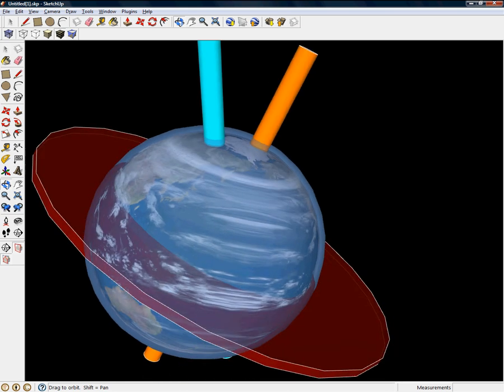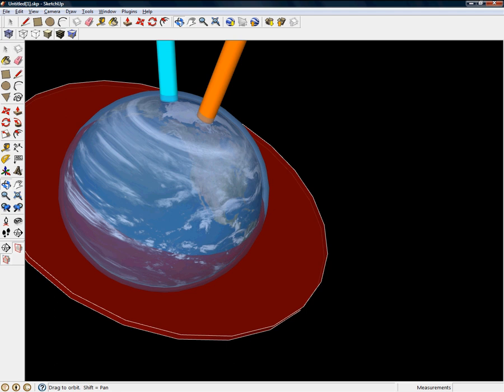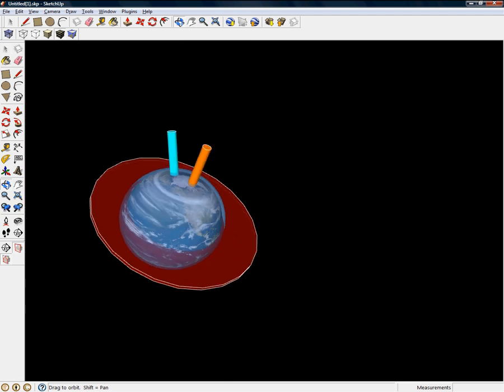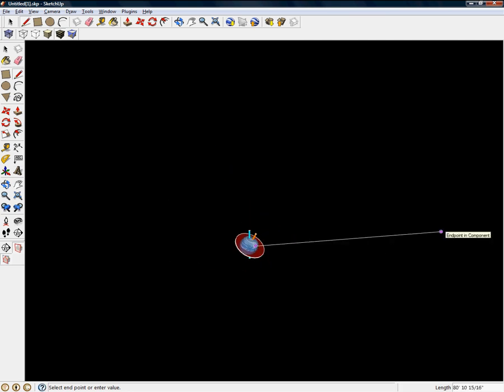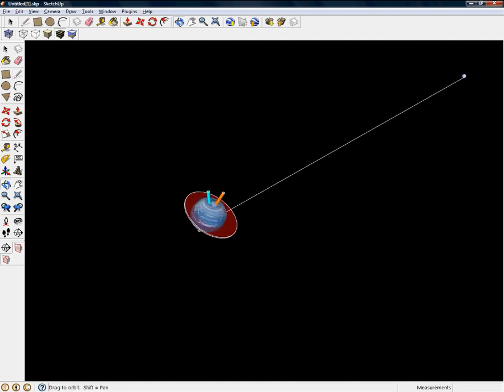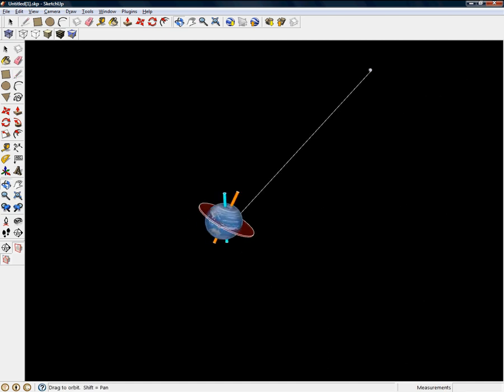And you notice that the orange bar didn't move. It stayed in place. The Earth just rotated along that axis. So if I were to draw this pencil, grab that line, and take it to the star, it has a certain angle, if you will. So you can see that there.